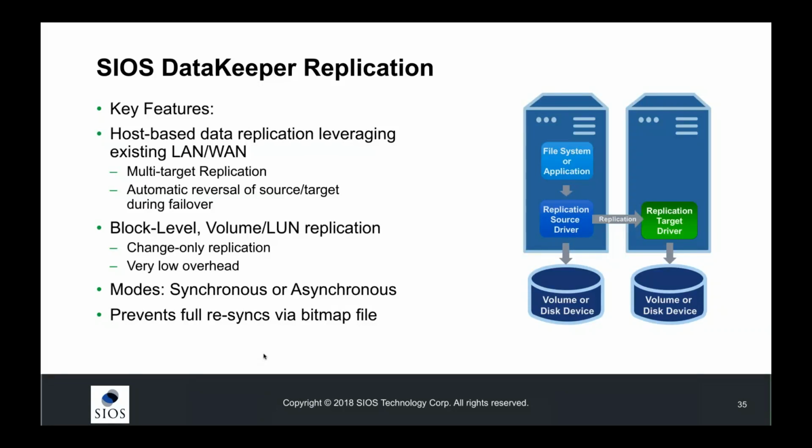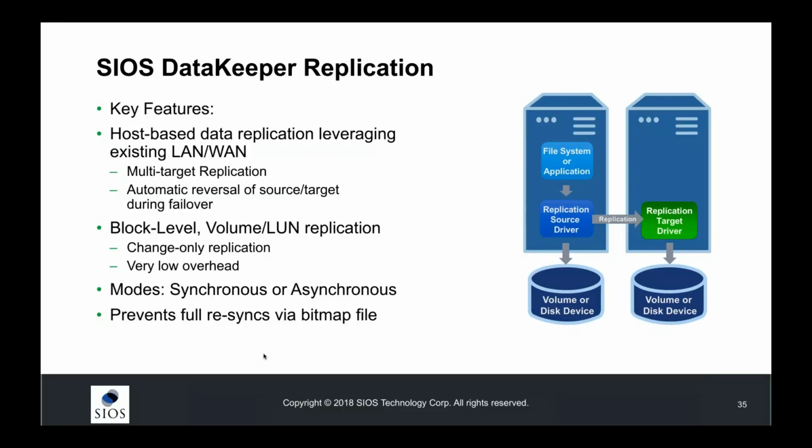When that comes back online, we will use this bitmap file to avoid those full resyncs and only send the owed data. It's an enormous benefit out there if synchronization is lost based on normal wear and tear, if you will, in a data center environment, whether it's cloud, hybrid, or on-prem. These things are natural occurrences, right?